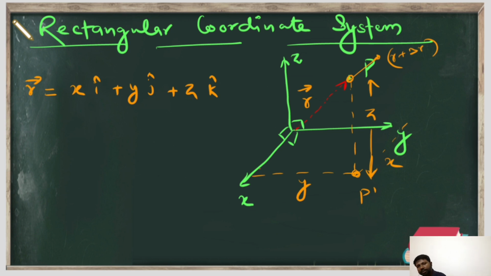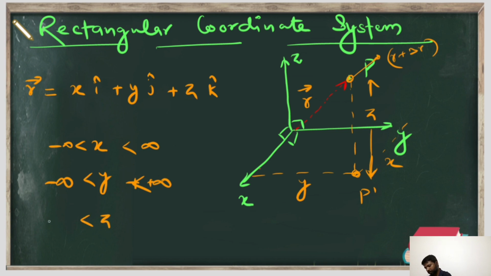The range of these variables: x lies between minus infinity and plus infinity, y lies between minus infinity and plus infinity, and z also lies from minus infinity to plus infinity.